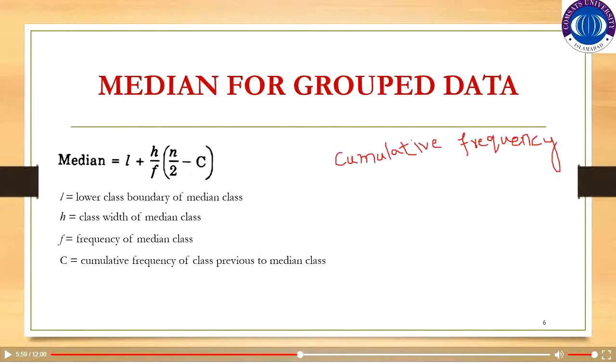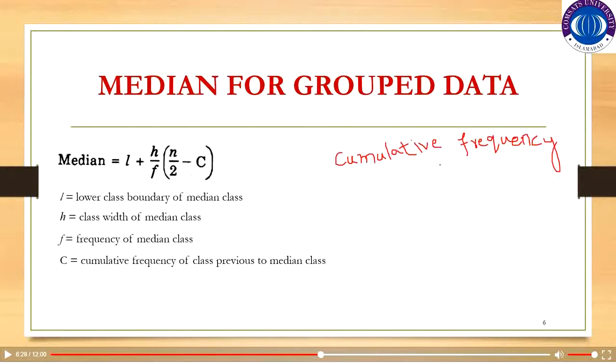When we have a frequency corresponding to some particular class, it tells the number of observations in that particular class. But when we have a cumulative frequency of that class, it represents the number of observations from the lowest data point to the upper limit of that particular class.